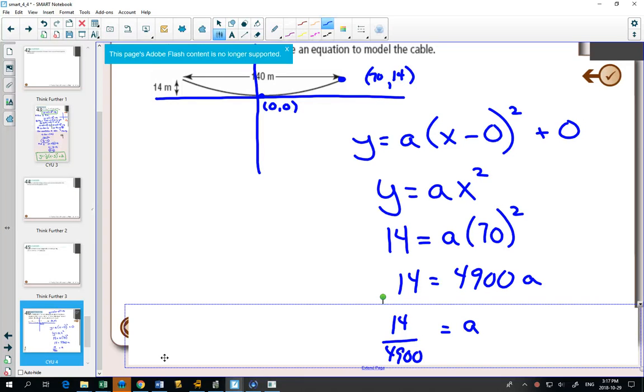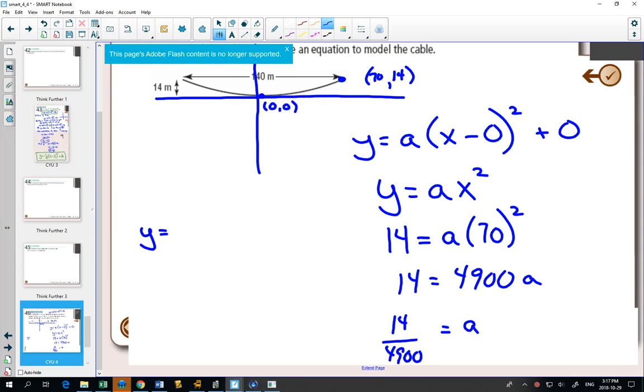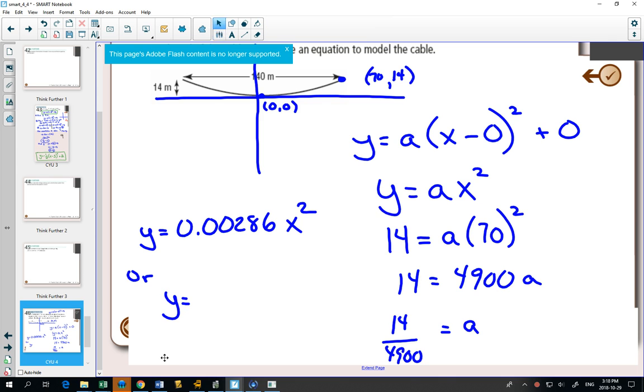So my final equation, you could write it with a decimal, 0.00286 x squared, or you could write it with the fraction, which I actually like better. Did you know that it's 14 over 4,900.